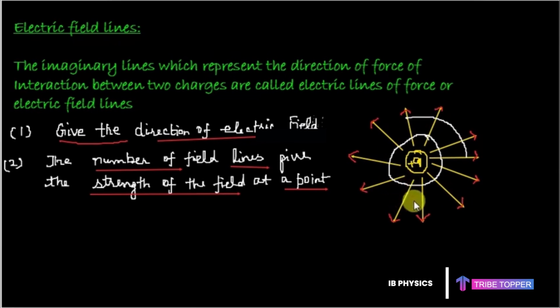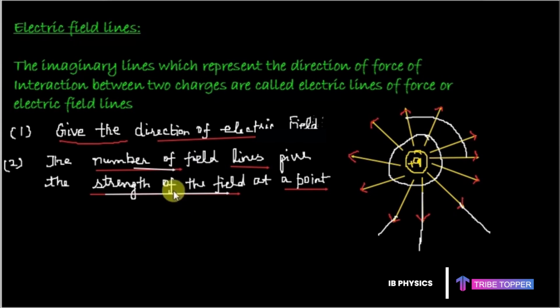So as you keep moving away from the charge, the field lines move farther and farther apart. The crowding of the lines near the charge indicates a strong electric field nearest to the charge. Thus we can say that the number of field lines gives us the strength of the field at that point. And this completes the definition also: the imaginary lines which give the direction of the electric field and the strength of the electric field at a point are known as the electric field lines.